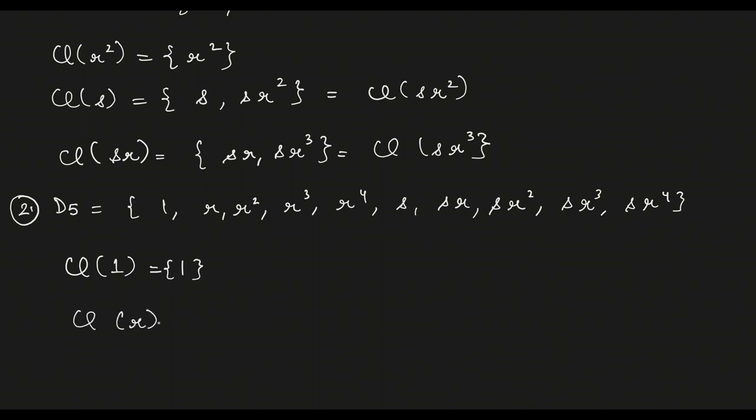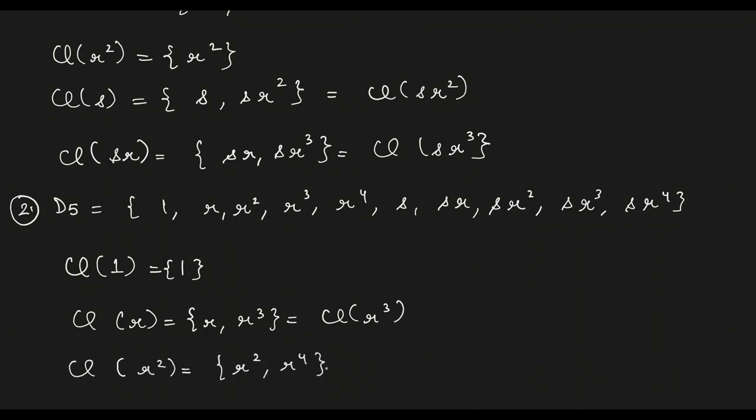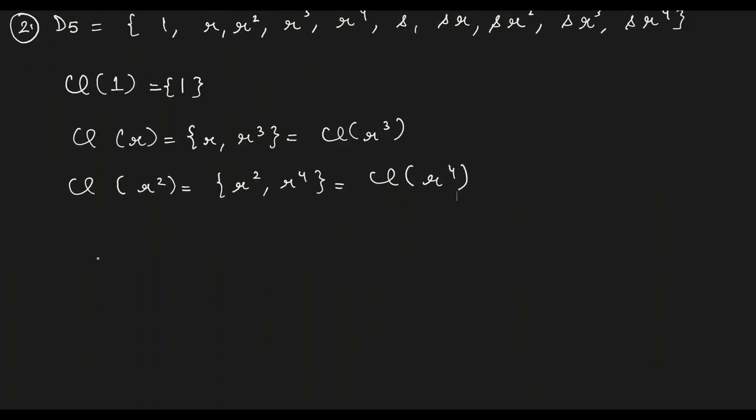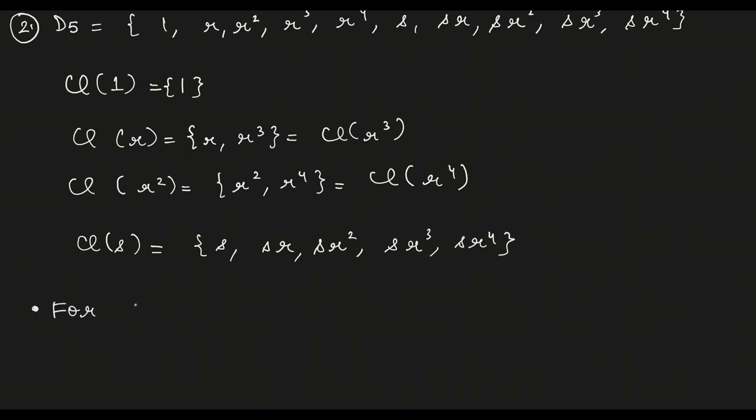Class of R will be the same as class of R to the power 4. Class of R square will be the same as class of R cube. Class of S will be S, SR, SR square, SR cube, SR to the power 4.